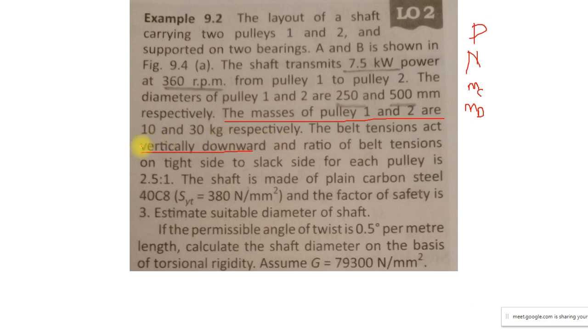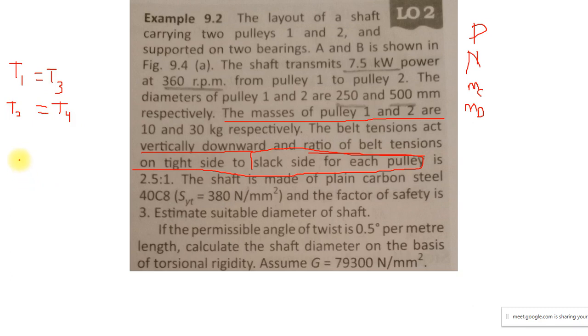The belt tension acts vertically downward, and very importantly, the ratio of the belt tensions on the tight side to the slack side is given for each pulley. Let us consider T1 and T3 as the tight side, and T2 and T4 as the slack side.